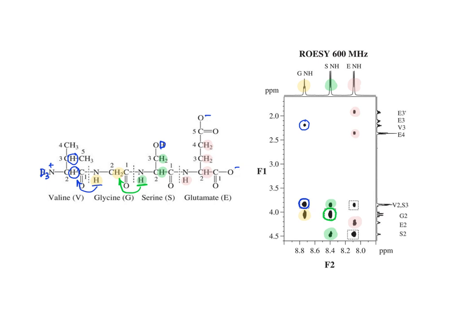And then for glutamate, this NH is showing a correlation with the serine hydrogens, and this also correlates with an additional pair of hydrogens on serine. This is how the tetrapeptide is constructed from the individual amino acid components.